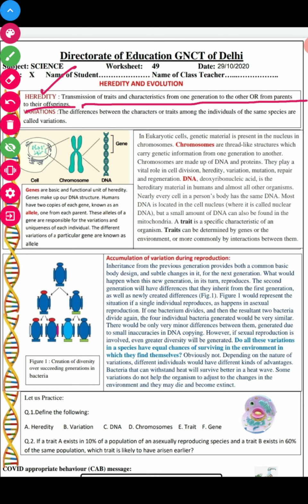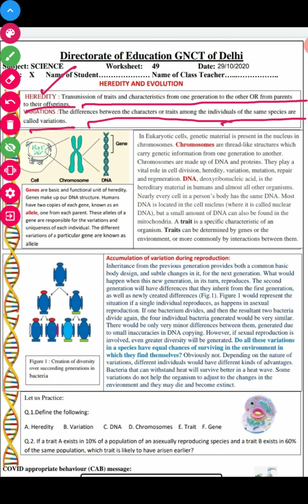What is variation? The difference between the characteristics or the traits among the individuals of the same species is called variation.